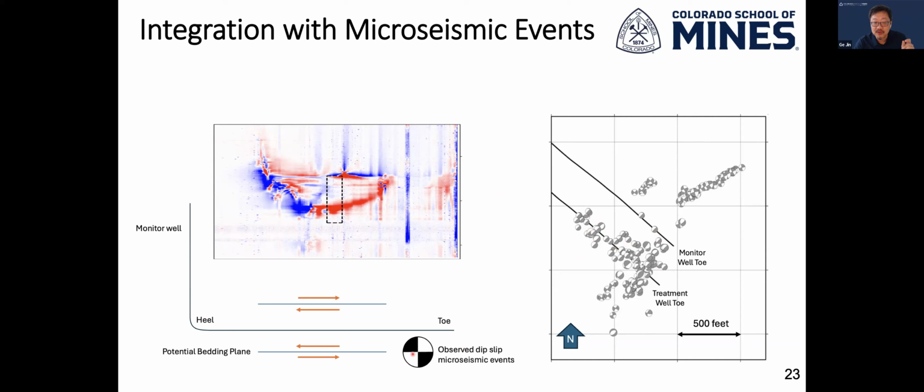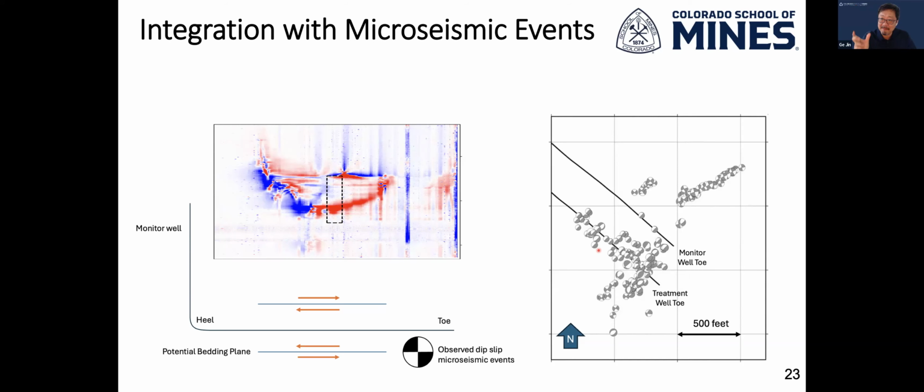So that agrees with a bedding plane that is below my monitor well, shearing counterclockwise. So this fracture solution comes with a beach ball that agrees with most of my microseismic moment tensor solutions. So that's a closed loop.